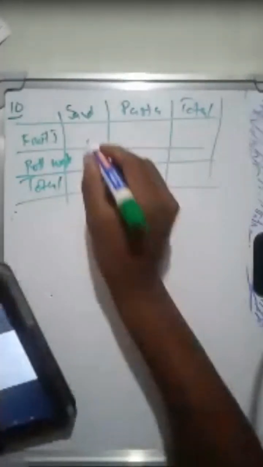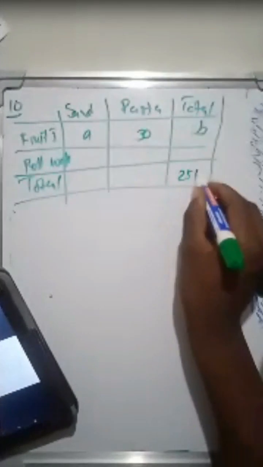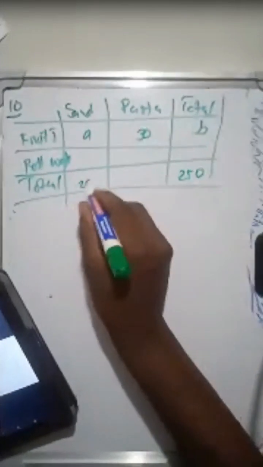Okay? Then here we have total, and also there we have total. Right? Then we are having A, we are having 30, we are having B, 250, then that is 200.